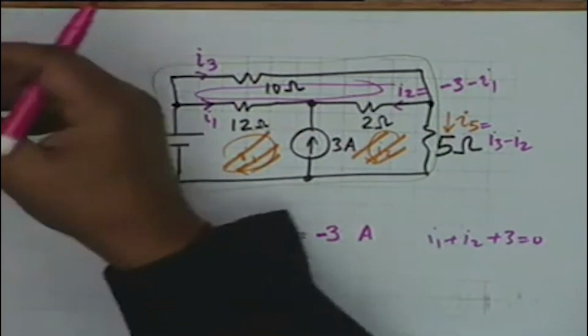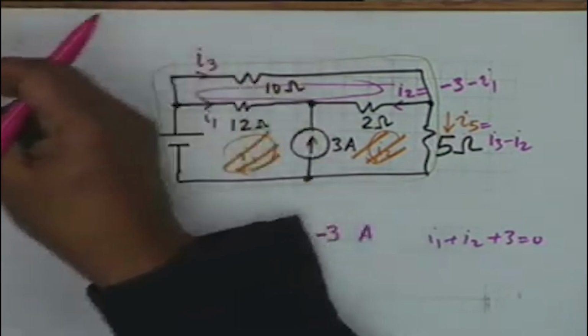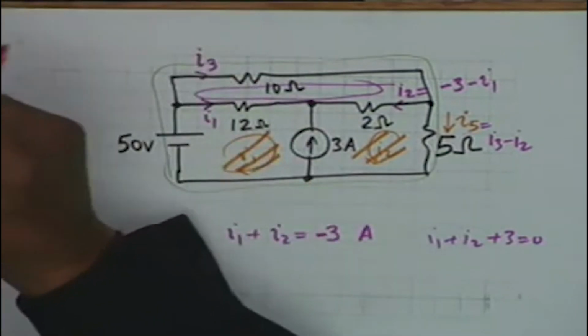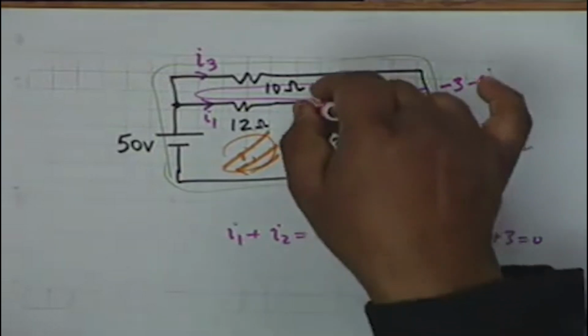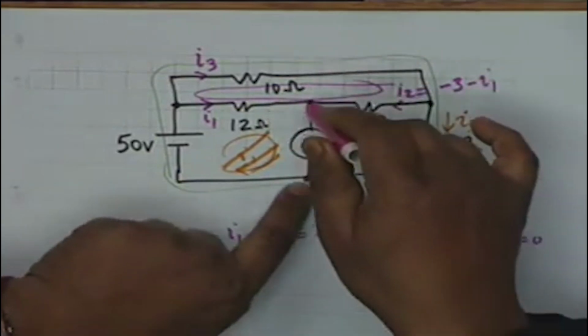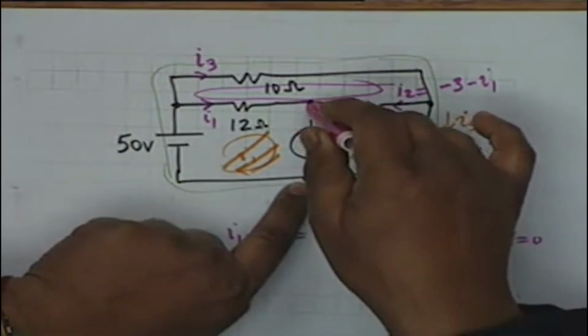This current source generates a current of 3 amperes, but not necessarily the current in this part, between the 2 junctions between which this current source lies. It's not necessary that the current in this portion is also 3 amperes.